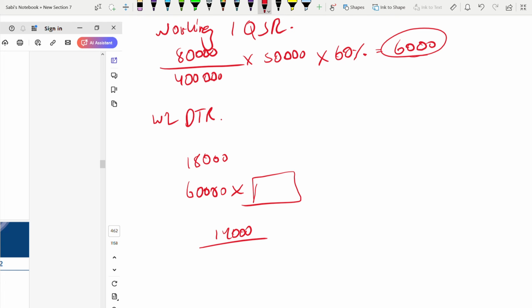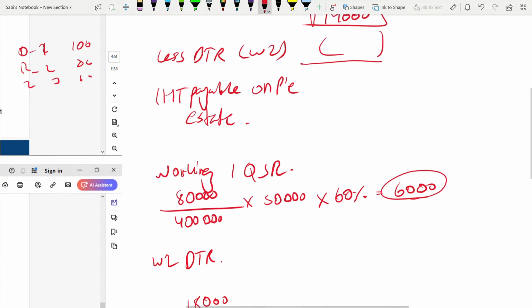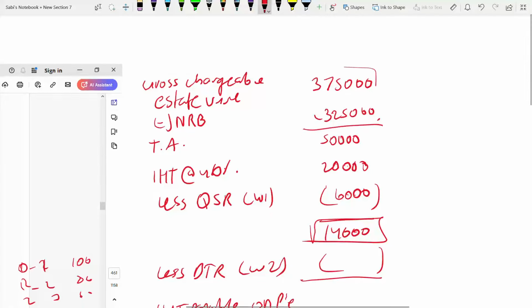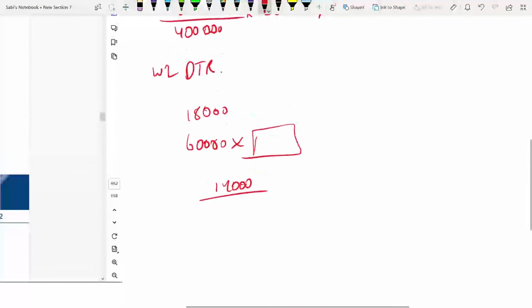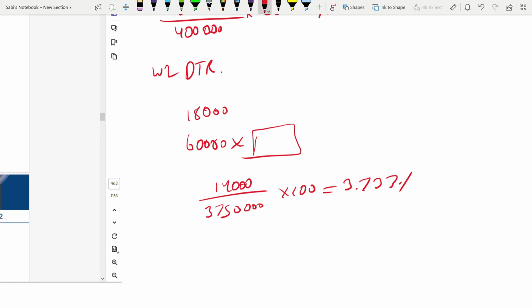14,000 divided by how much? On the estate after QSR. What is the value of the estate? 375,000. This is the value of the estate. So 14,000 over 375,000 into 100 is coming up to 3.733%.